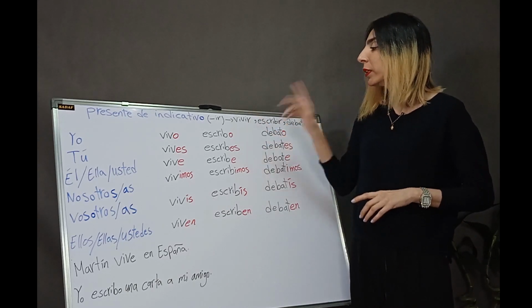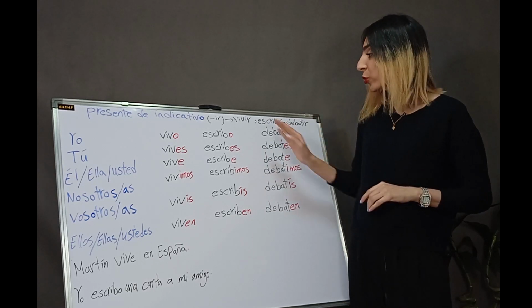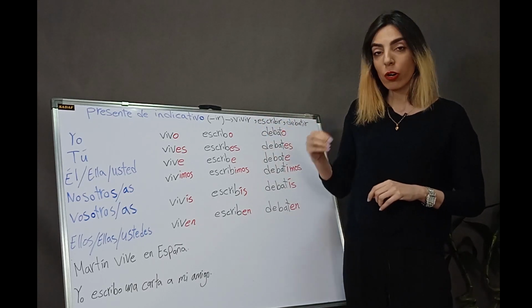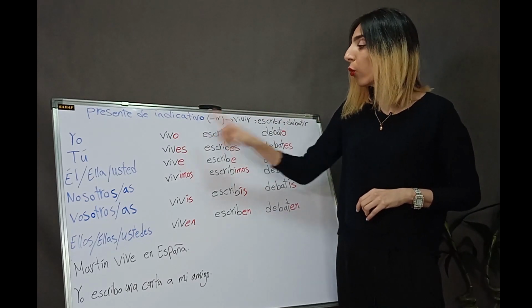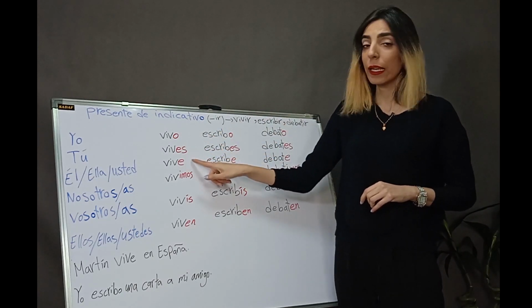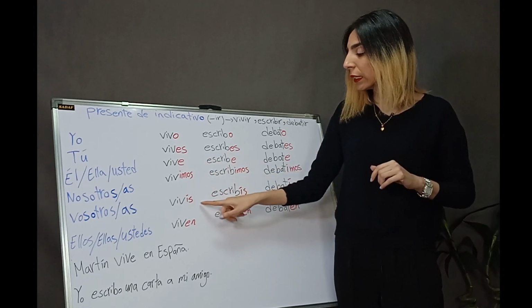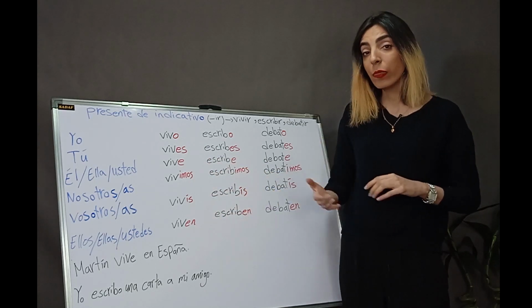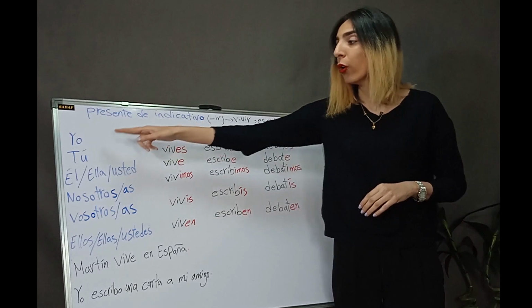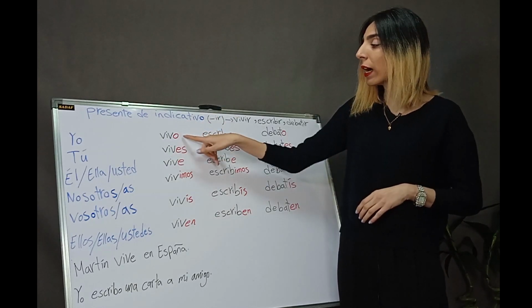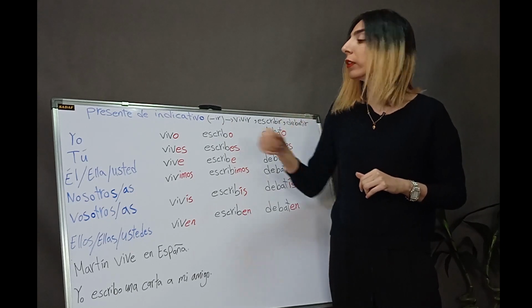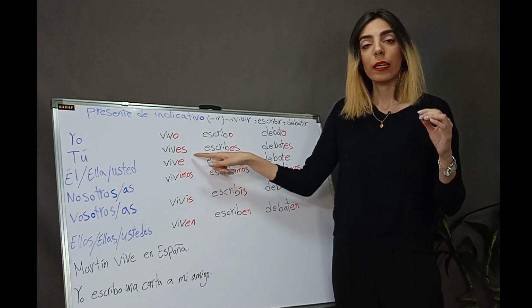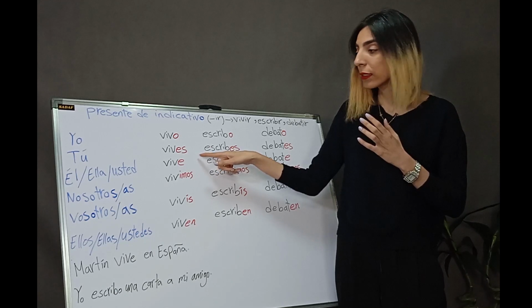So vivir means to live. First, we have to delete IR at the end of the verb, and we have to add O, S, E, imos, is, N at the end of the verb. So, for yo means I, we have to add O. For tú means you, singular, we have to add es.